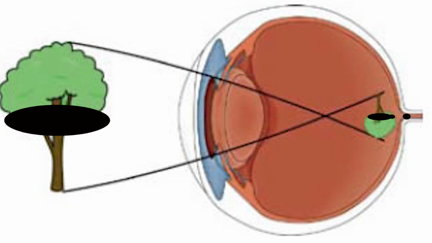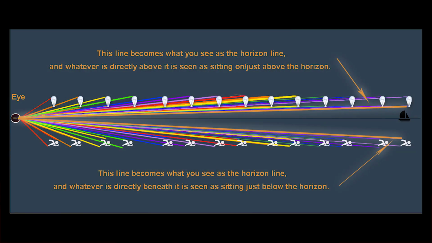So how does it fill it in? Well, it takes what's at the top right above that, and it takes what's at the point right beneath that, because basically it takes the first row, let's say, of rods and cones above the hole in the back of your eye, and then it takes the information from, let's say, the row of rods and cones that are right beneath the hole in your eye, and then it just patches in the same thing.